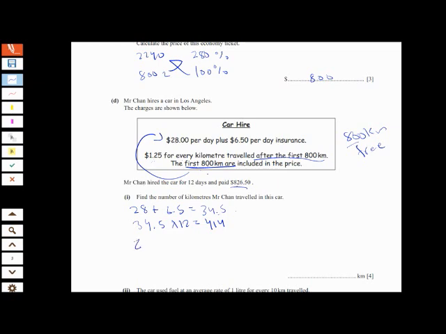So you have to subtract 826.5 minus 414, and that would equal 412.5. So it's 412.5. He paid this after the first 800 kilometers, excluding the insurance and per day. It's only this one.